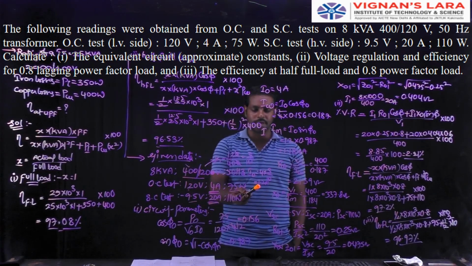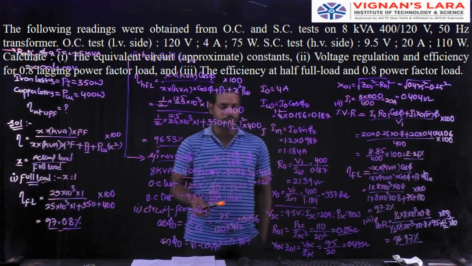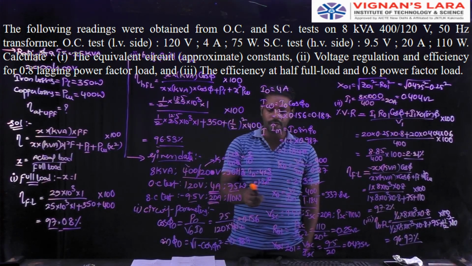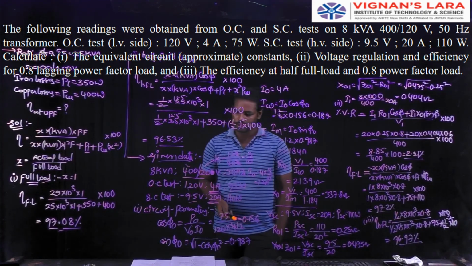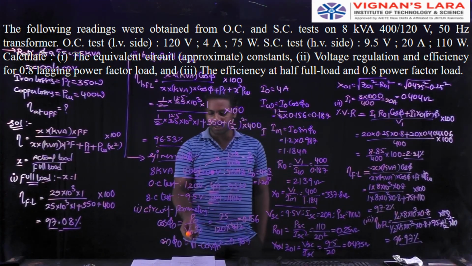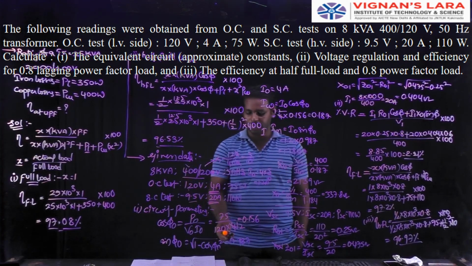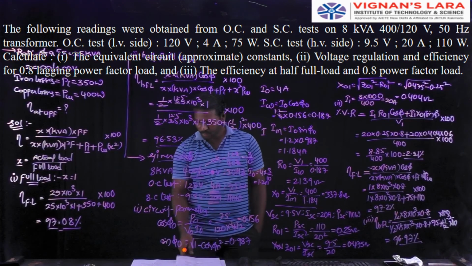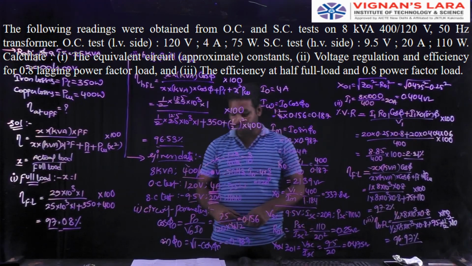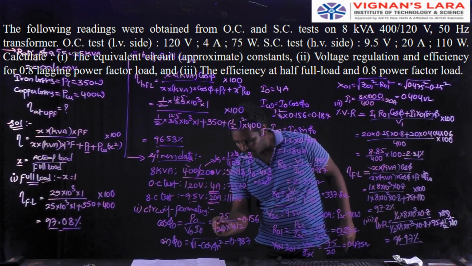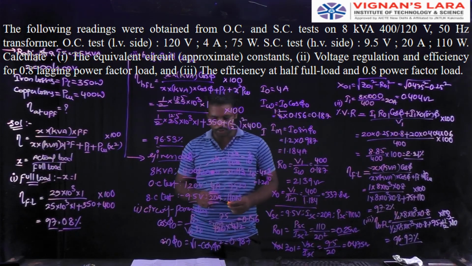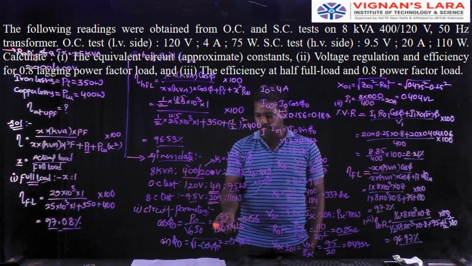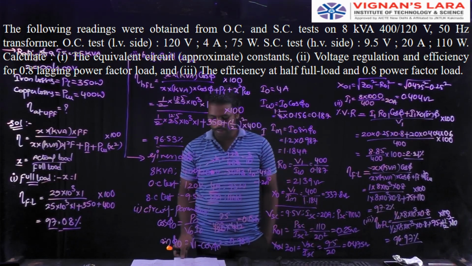This is very, very important. Before going to the calculation of the given data, the no load current is equal to 1.2 amperes. Cos phi naught is equal to P naught by V naught into I naught, so 75 divided by 400 into 1.2, where the primary side input voltage is 400. That is equal to 0.156.